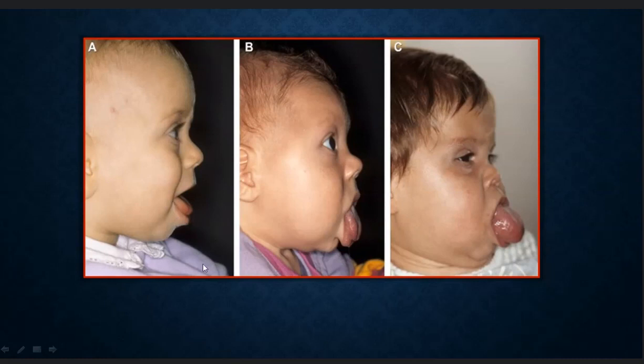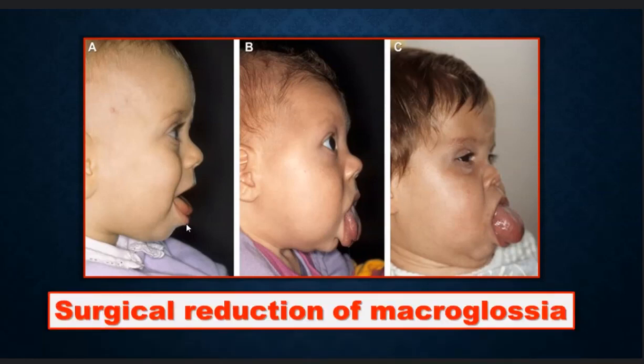They try to decrease the size of the tongue, and sometimes within 24 hours the tongue comes out, even affecting the breathing and feeding. So this is a surgical reduction of macroglossia.